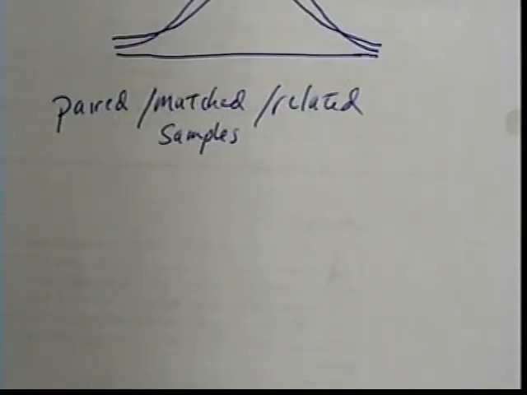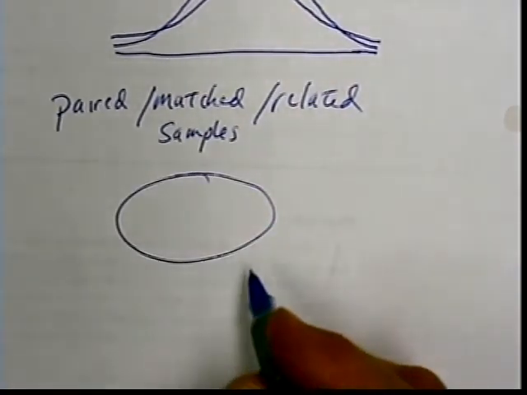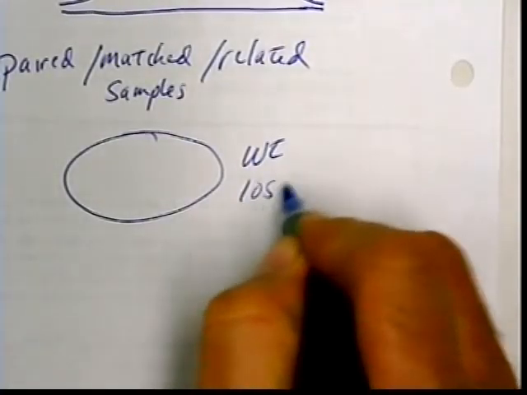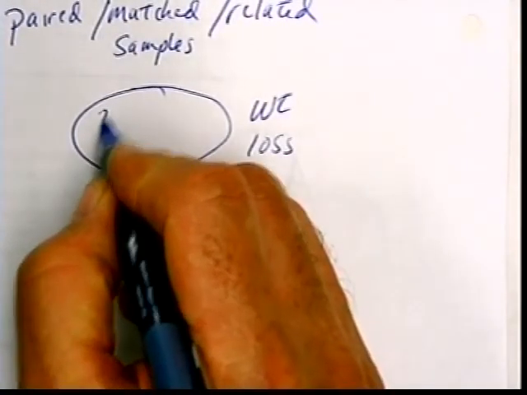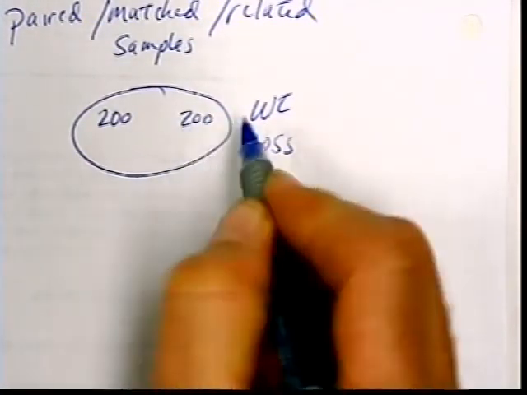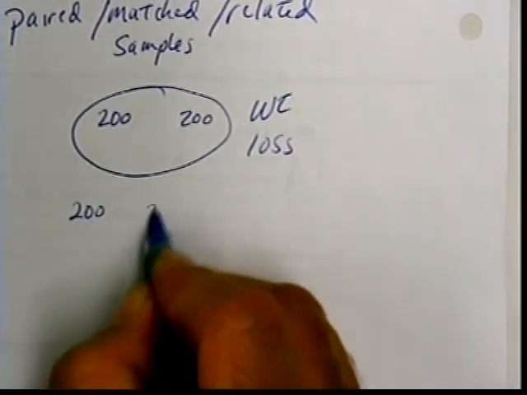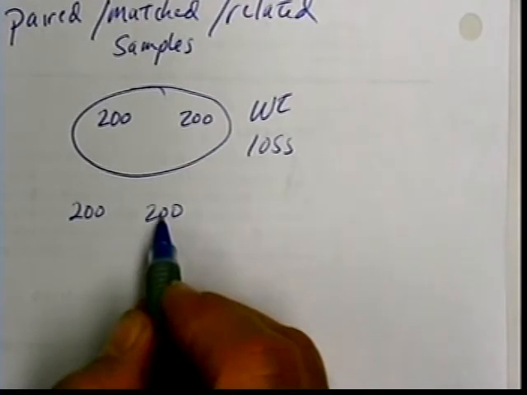But you can also do it in a little bit different way with matching people. For example, you have a group of people here, and you want to do something maybe on weight loss. So you can take somebody that weighs 200 pounds here, somebody that weighs close to 200 pounds here, and match them up. So this guy's in one group, this guy's in another group.